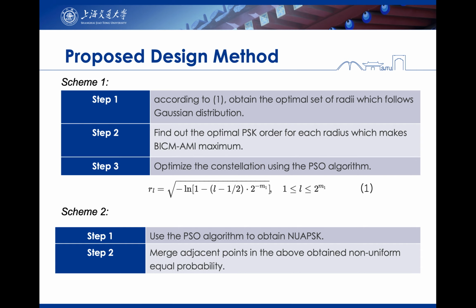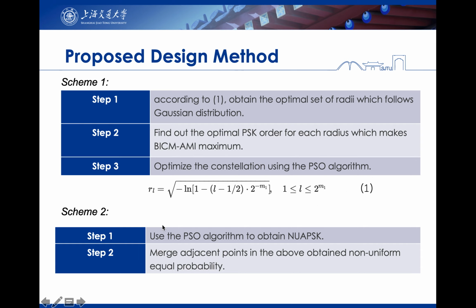Scheme 1, first according to this formula, obtain the optimal set of radius which follows Gaussian distribution, and then find out the optimal PSK order for each radius which makes BICM AMI maximum. The third step is to optimize the constellation using the PSO algorithm.